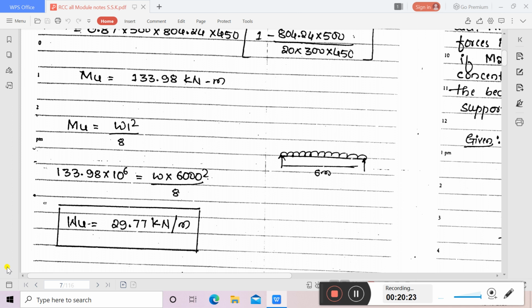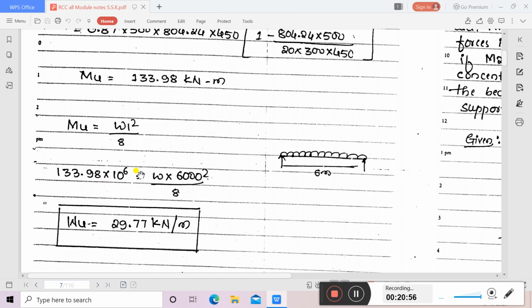into 8 divided by 6000 square. Obviously you will be getting the direct value, or otherwise the simple thing, 133.98 into 8 divided by 6 into 6. You'll be getting the same value, 29.77. Either you keep it in Newton mm or in kilonewton meter as it is, based on your convenience.